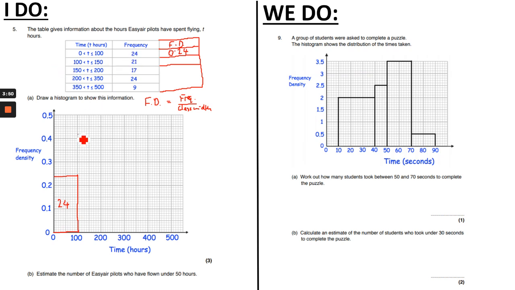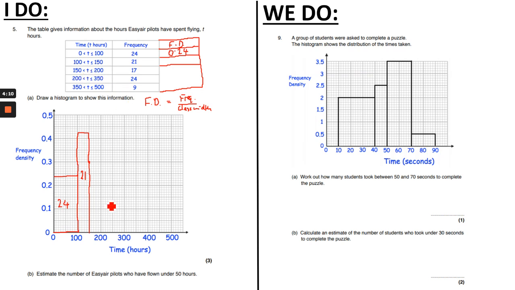I'm going to go up to 0.42, but importantly, I need to remember that my width only goes up to 150 this time. You've got to excuse my poor drawing because I am doing it freehand. You will obviously do it with a ruler. So that frequency is 21.